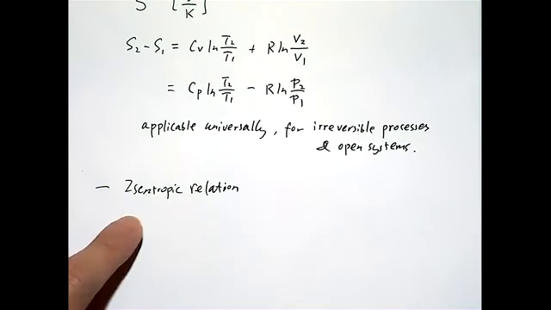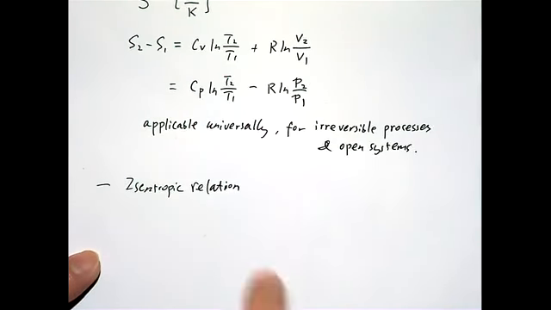Isentropic means the process is one where the entropy does not change. So the process has no change in terms of the entropy.